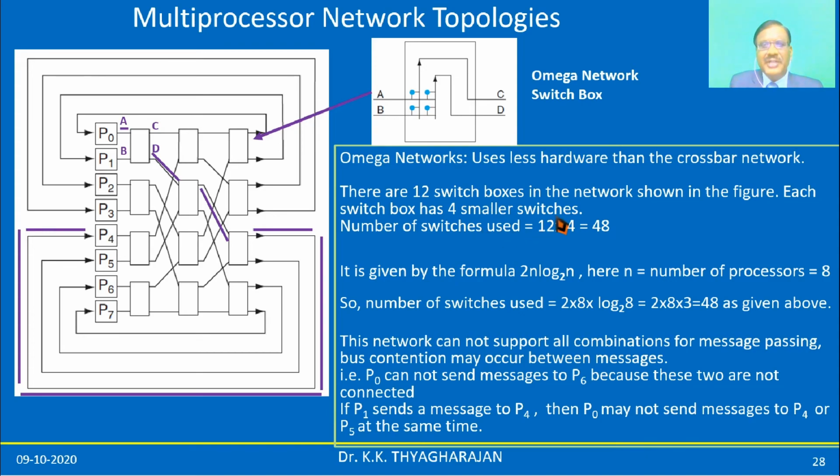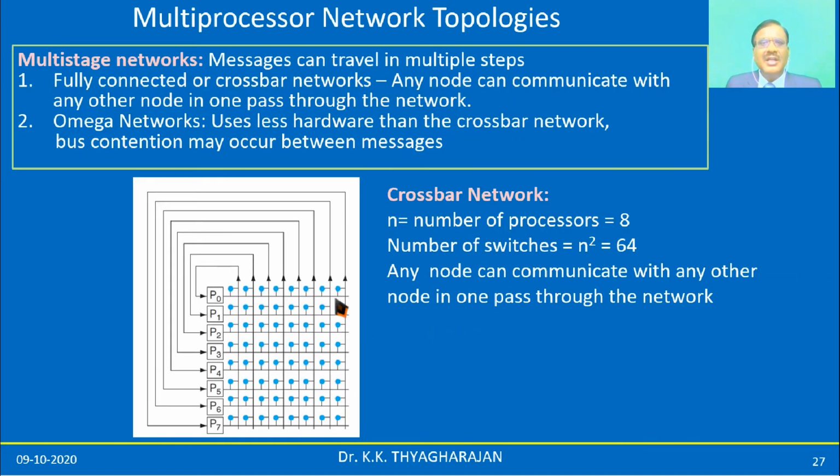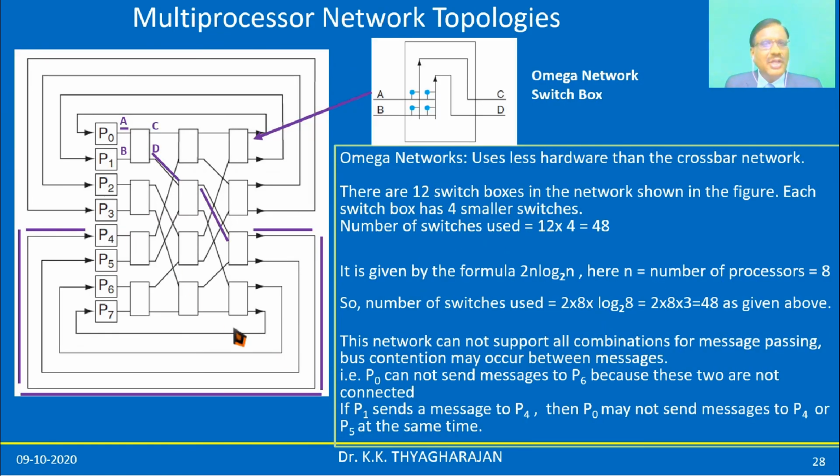But if you see the previous one, here how many switches? 8 into 8, 64 switches are required. But this provides a fully connected network. This one does not provide a fully connected network, but still all the processors can communicate, and the number of switches required will be less in this case.